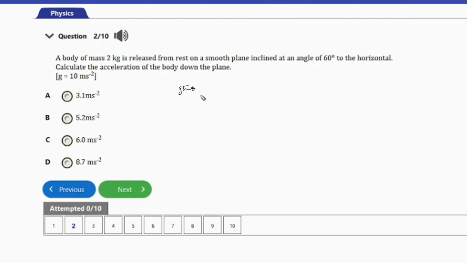So the g here is 10 meters per second squared, and then sine theta is sine 60. So when we do g sine theta, we are going to have 8.7 meter per second squared, and that's option D here. Option D is the acceleration. So let's go ahead and consider the next question, guys.